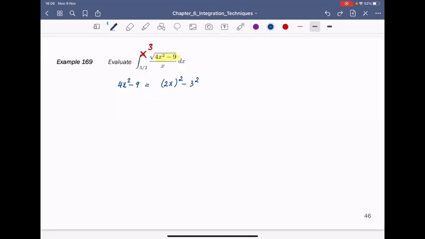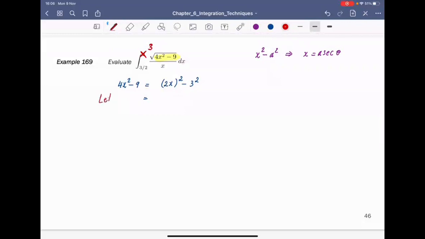That means you're gonna have, well, let me write again here. You have x squared minus a squared. You're gonna pick x equal to a times sec theta. Here, you have 2x squared minus 3 squared. So that means you have to pick 2x.